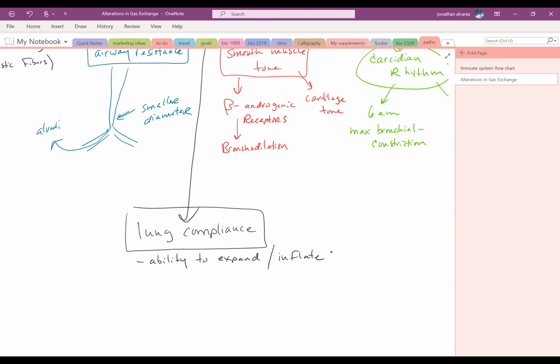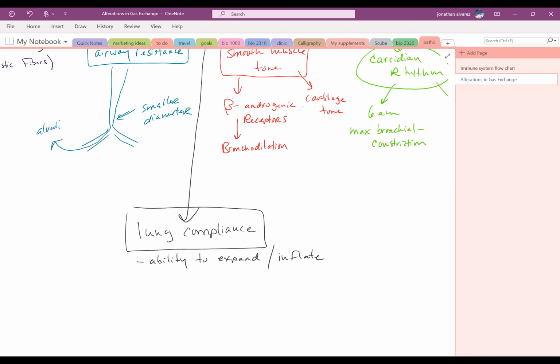Blow into a balloon, it should be able to expand. It should be able to inflate. If it's a poorly made, inexpensive balloon skin, the compliance won't be very good. If it's a well-made balloon skin, then the compliance will be impressive, right? The ability to expand and or inflate.